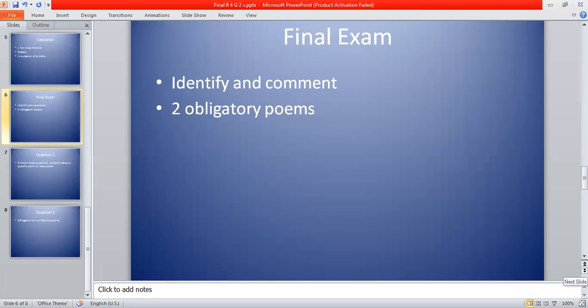By identify and comment, you will be given two obligatory poems, so you have no choices; you have to answer them. You will be asked to mention the age, whether Victorian, American or modern age. If it's modern, whether it's American, British or Irish.